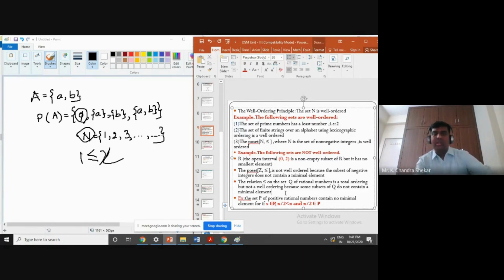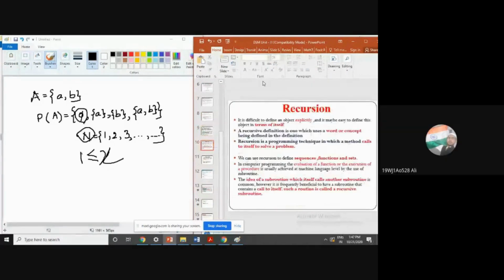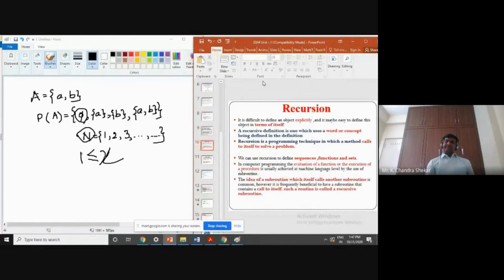So you don't call it well ordered. Once you have a smallest element in the given set where all the subsets contain that particular element, then you can call it well ordered. Is it all clear? Are you clear? Okay.